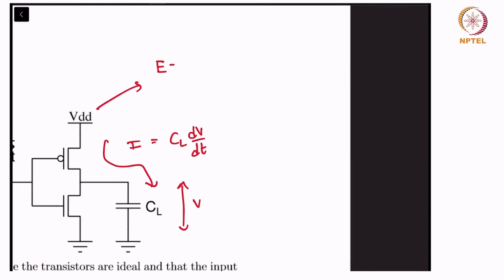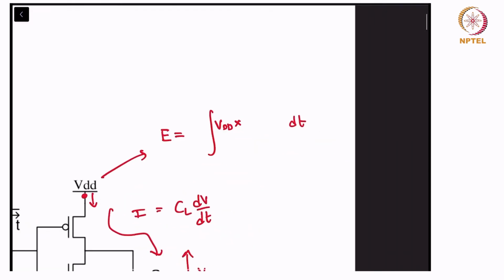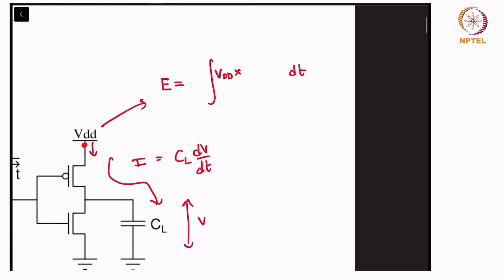which means the energy supplied by the supply is equal to the integral of the power dt. The power is the voltage at this node, which is VDD, times the current coming out. This is the same as the current going through the supply, the current going to charge the capacitor, which is CL dV by dt.